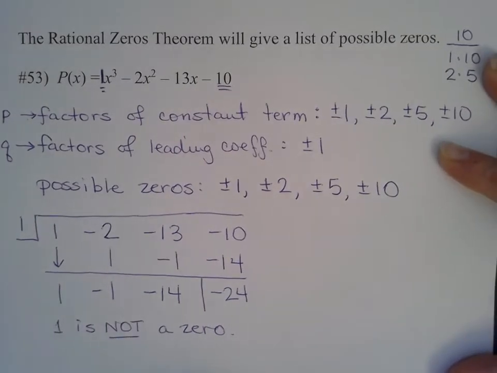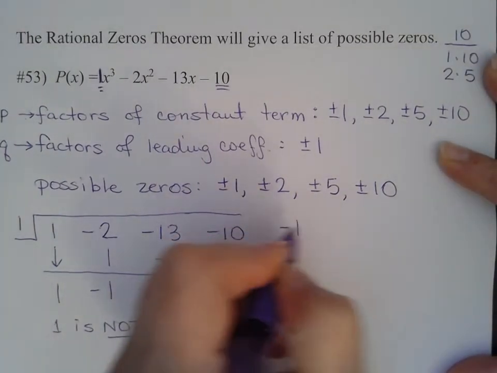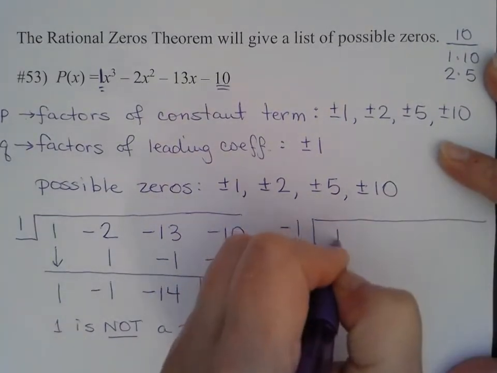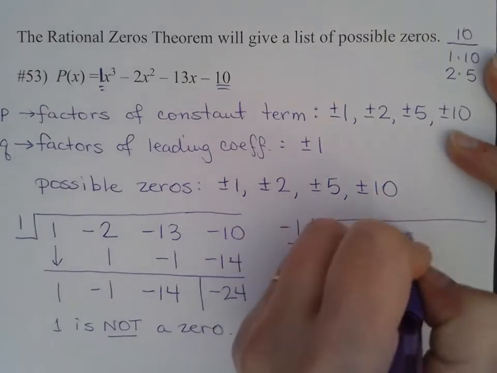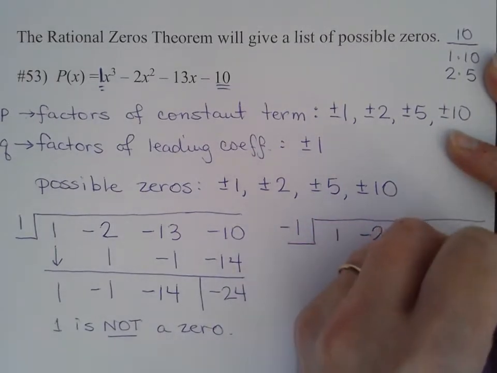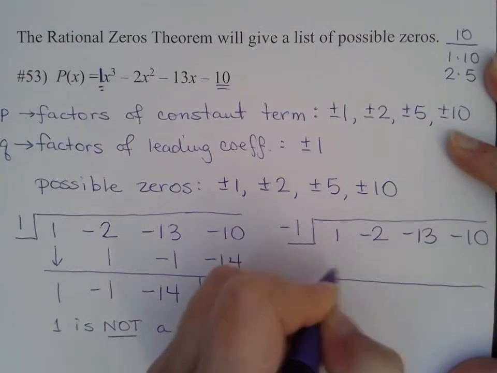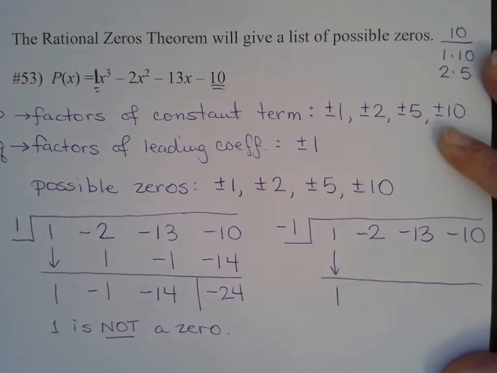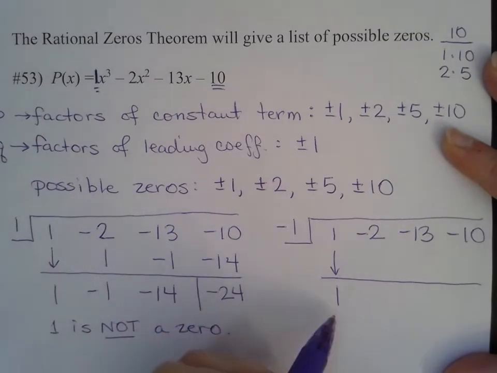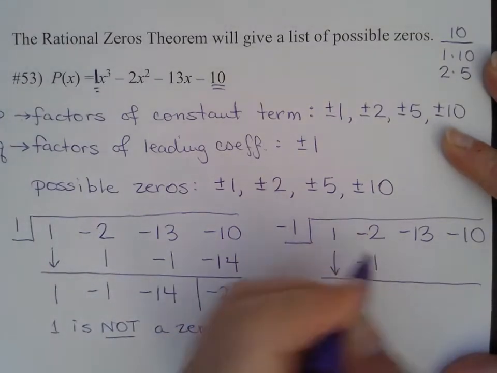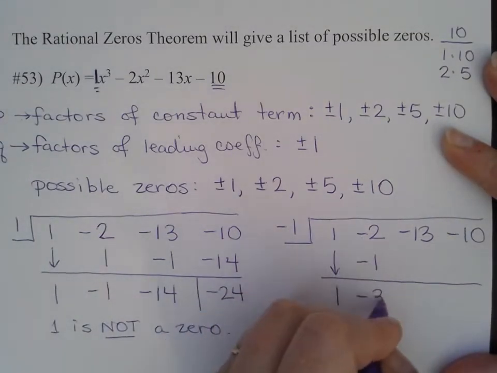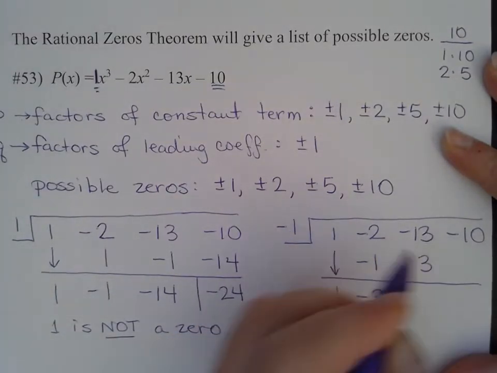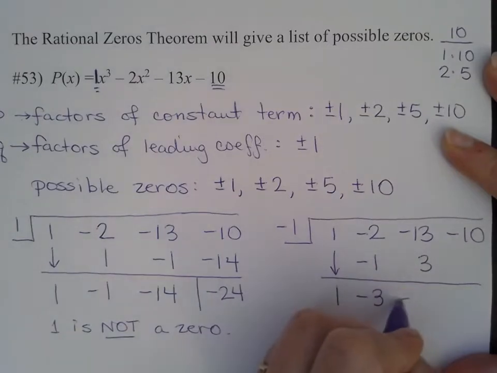Let's try -1. Okay, so I bring down the first number, multiply by -1, add down, multiply by -1, gives me +3, add down.